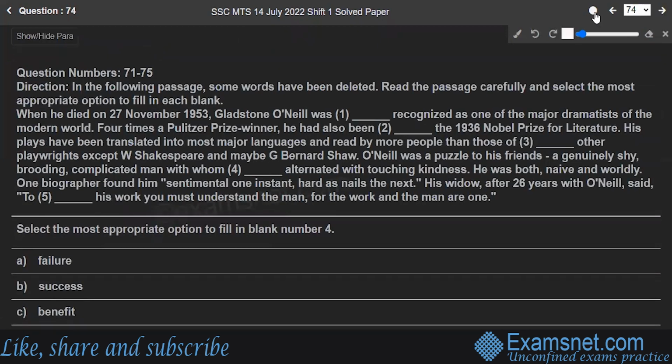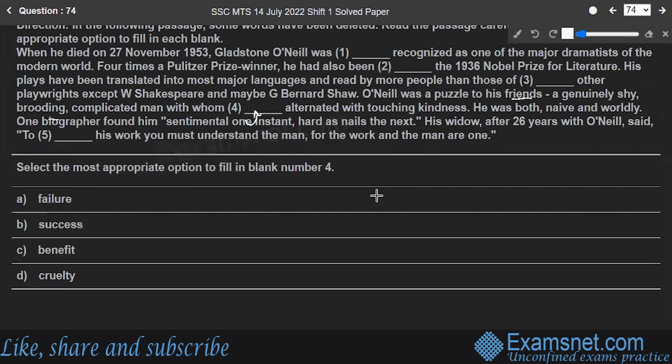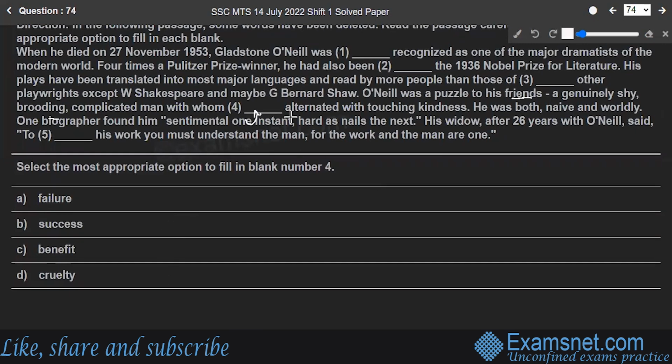Next is question number 74. So you have to fill in the blank number 4 now. Let's read the blank number 4. It says, O'Neill was a puzzle to his friends, a genuinely shy, brooding, complicated man with whom dash alternated with touching kindness. Failure, success, benefit, or cruelty.